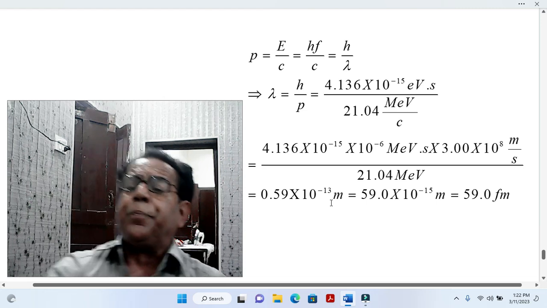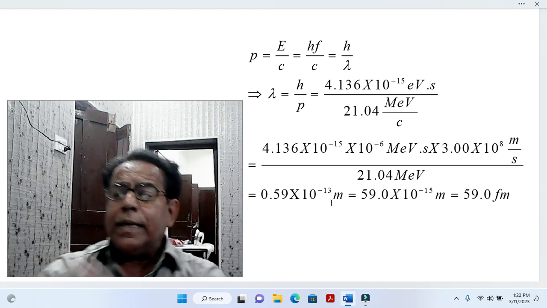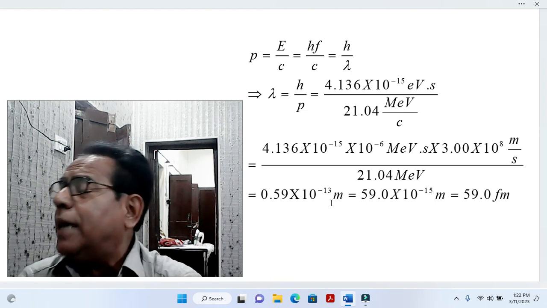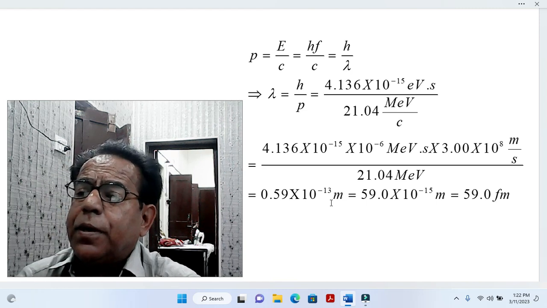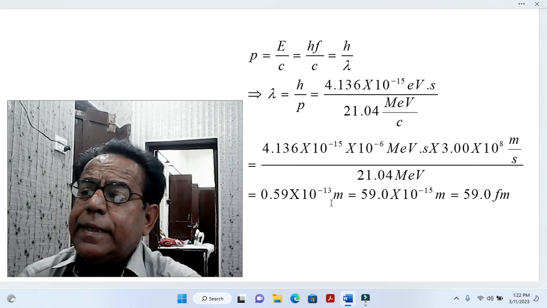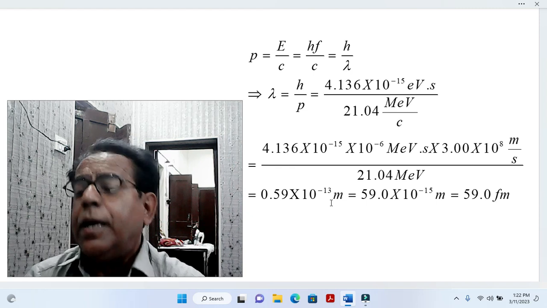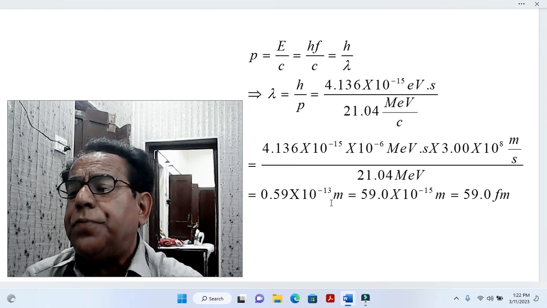Dear students, as I have already mentioned, 10 raised to the power minus 13 is not very important for us. What is important is either to convert it into 10 raised to the power minus 12 or 10 raised to the power minus 15.